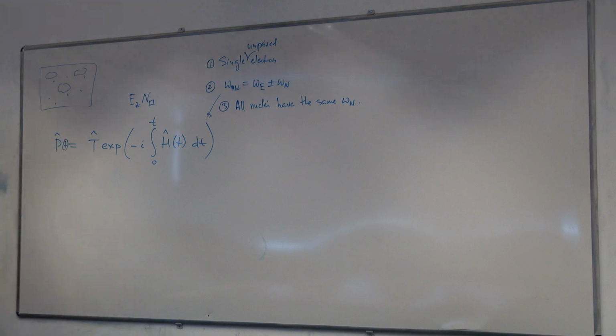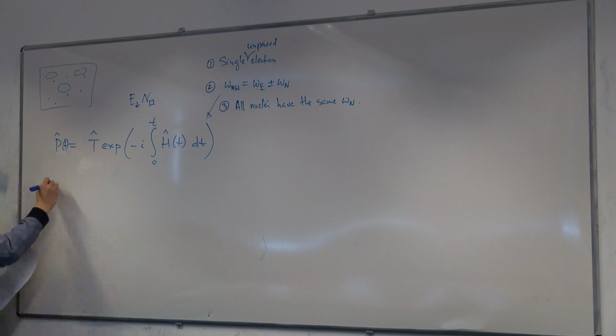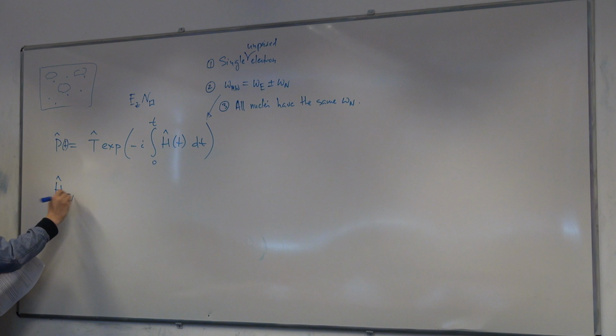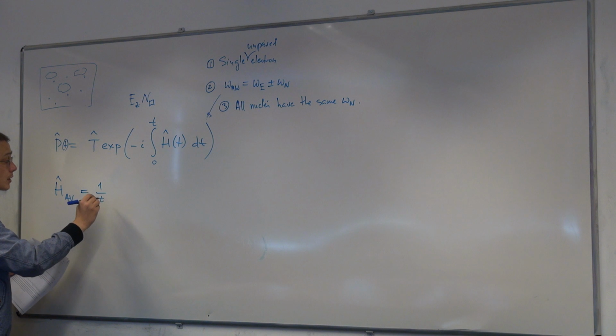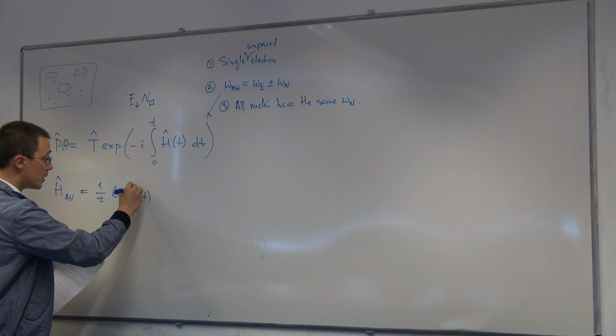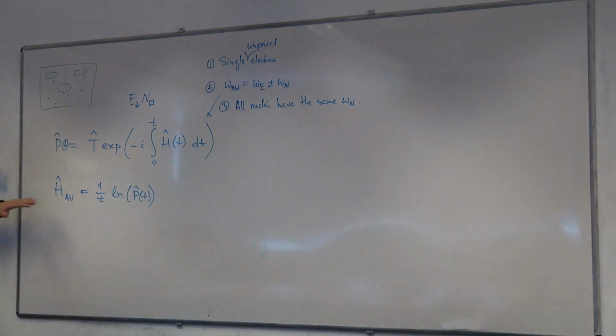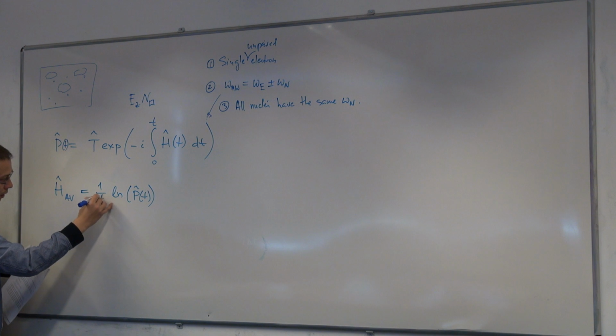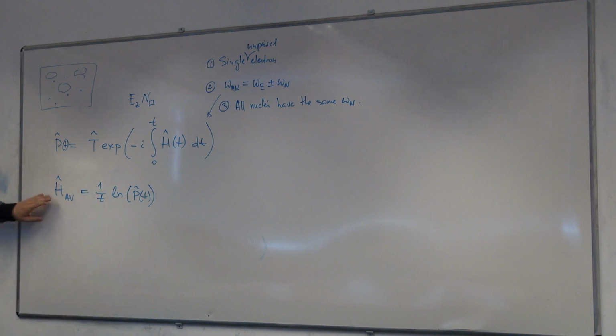And in the most general possible case, an average Hamiltonian is defined as 1 over t times the matrix logarithm of P of t. So it is such a Hamiltonian as would give the same propagator as P of t when you propagate under it for a time precisely equal to t. So basically it is the effective Hamiltonian after the evolution period. It does not always exist.